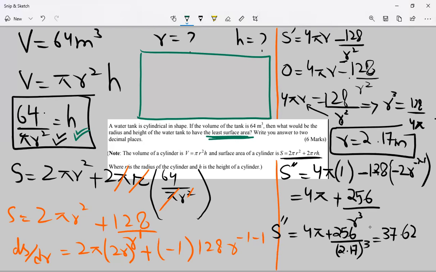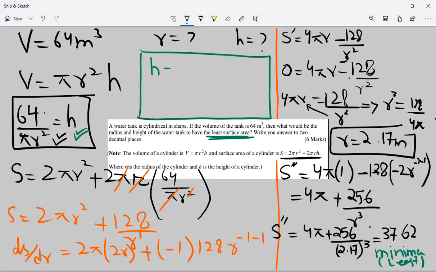The least possibility means minimum. And when it is minimum, the second derivative will be positive. It's the minima case, and you can say least as well. It has already been proved positive, because according to the theory, when the second derivative is greater than 0, it will be positive. Then it will have the least or minimum criteria.